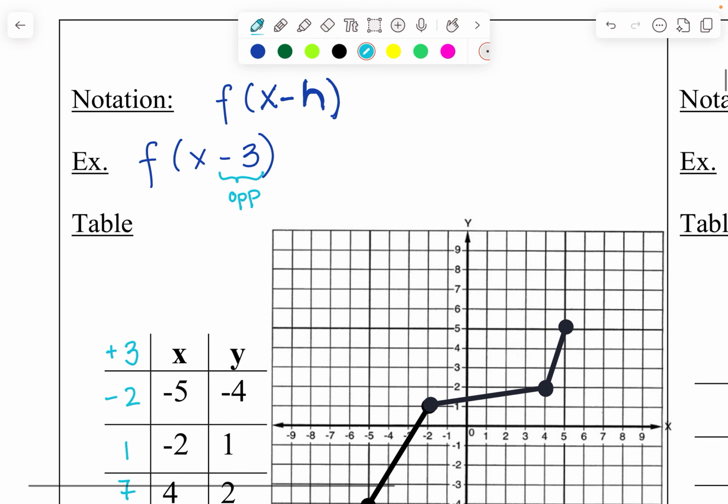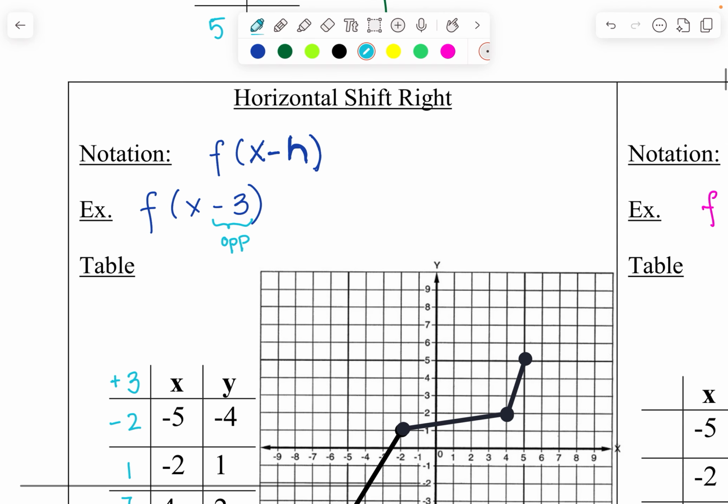What kind of shift is this called? This is called a horizontal shift to the right by 3.